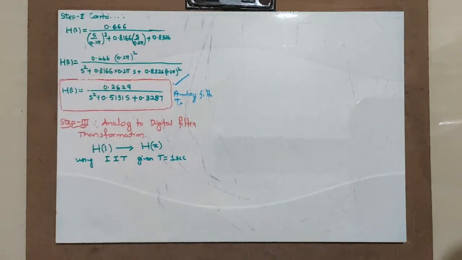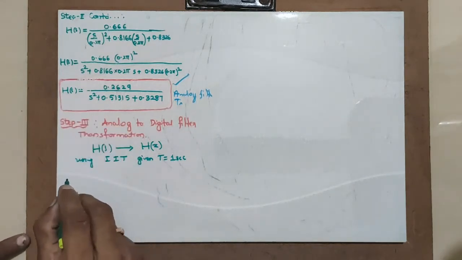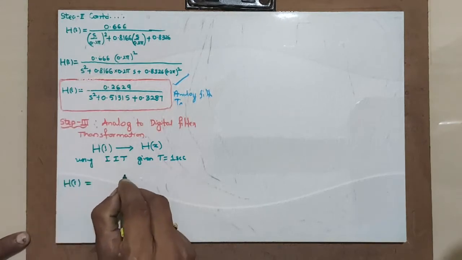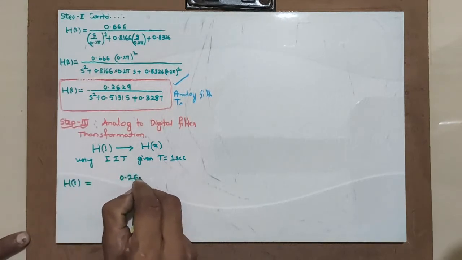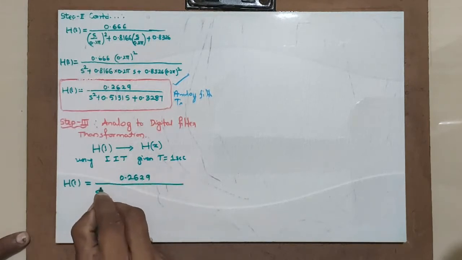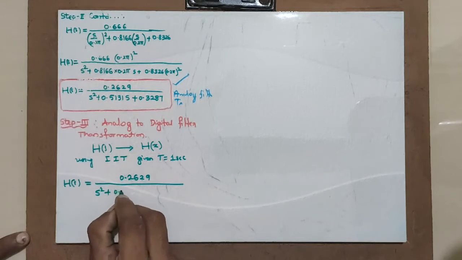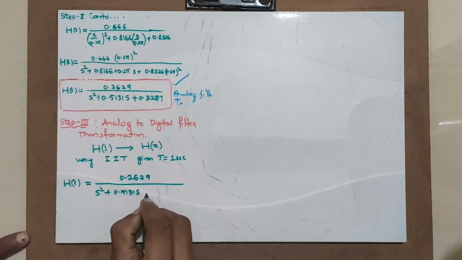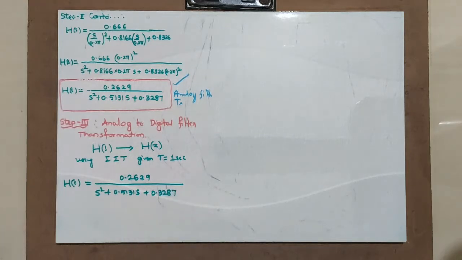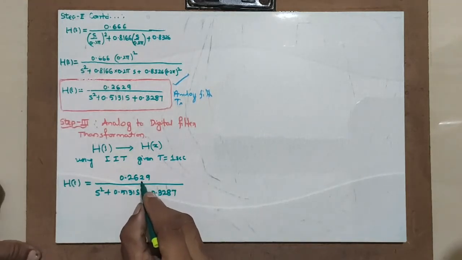Now, once you have got H of s, I will write down H of s again for the sake of understanding: 0.2629 divided by s square plus 0.5131 s plus 0.3287, isn't it? Now this is H of s.